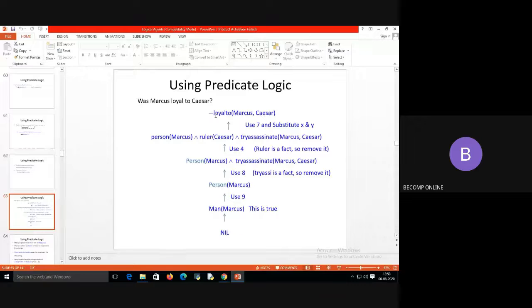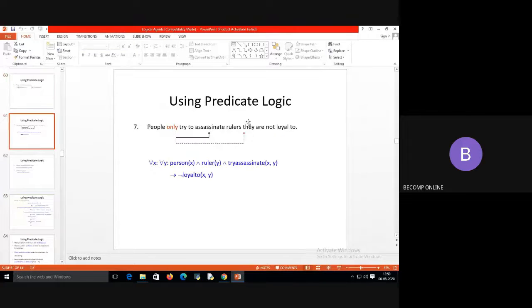Now let's go back to the 9 facts that are listed. Here what is written is use 7 and substitute x and y. What does it mean? I have fact number 7 where not loyal to is on the right hand side of the implication sign.